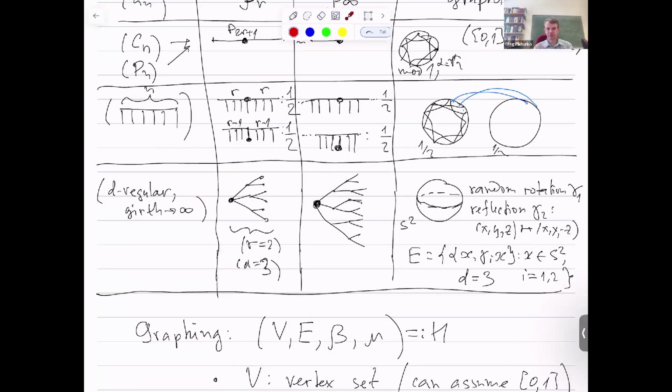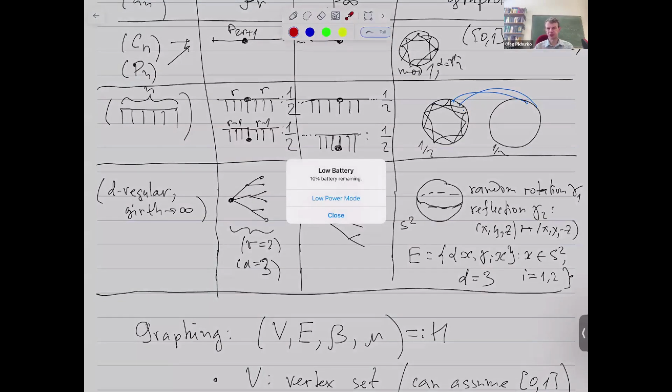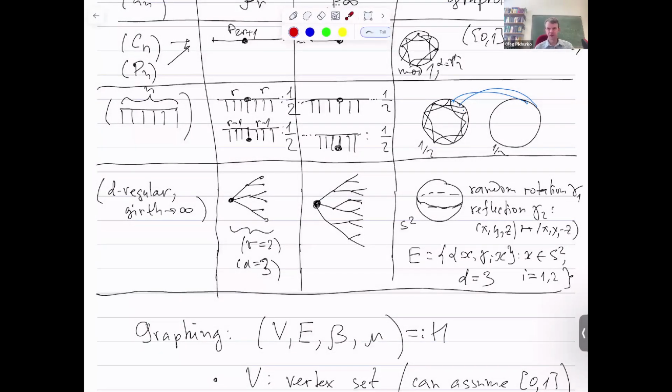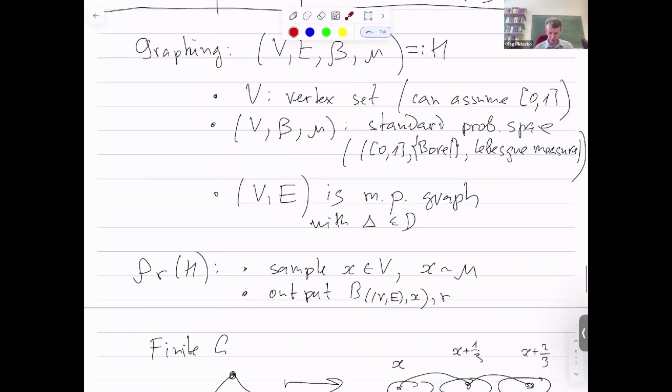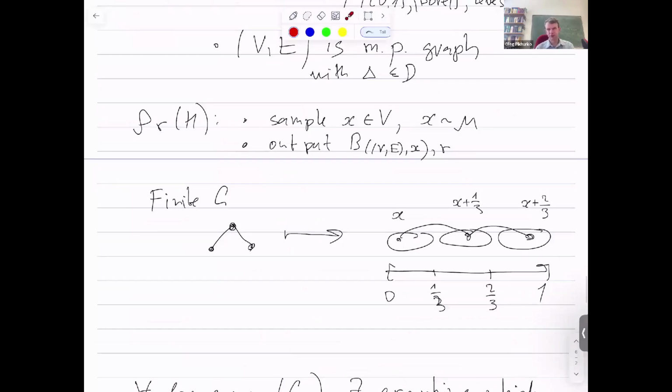You take some measure space, a standard probability space, and some number of measure preserving maps, and you put an edge between x and y if they are connected by one of these maps. And this is exactly what generates the set of graphings. So there are different ways to generate graphings, but the big question would be which one comes as a limit of finite graphs?